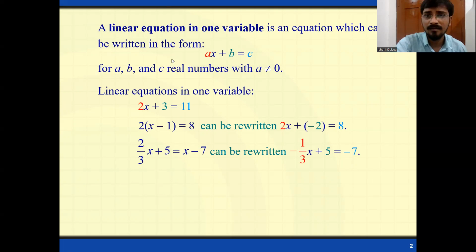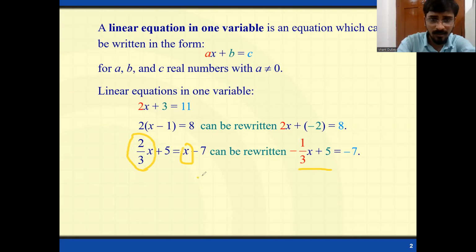Here on the left hand side you have this x, and here also you have x. Yes or no? So we'll take the x to one side. On the right hand side one x was there, and I have taken it to the left hand side.